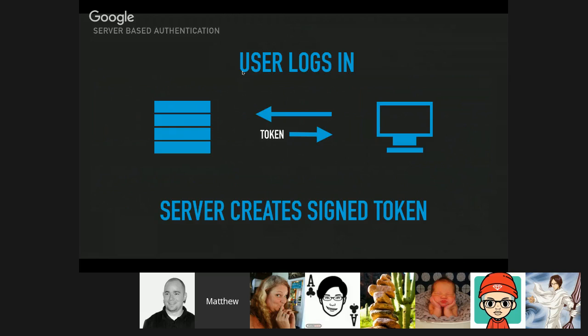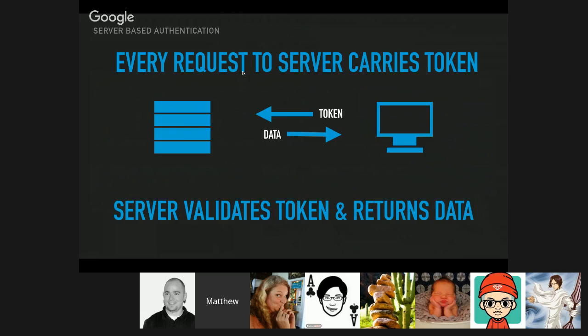I'm going to create this nifty token and I'm going to send it back to you. And then every single time now that the user asks for data, the client is going to send that token to the server. The server is going to validate that token and say, oh, I know who you are, and then return data. Okay?